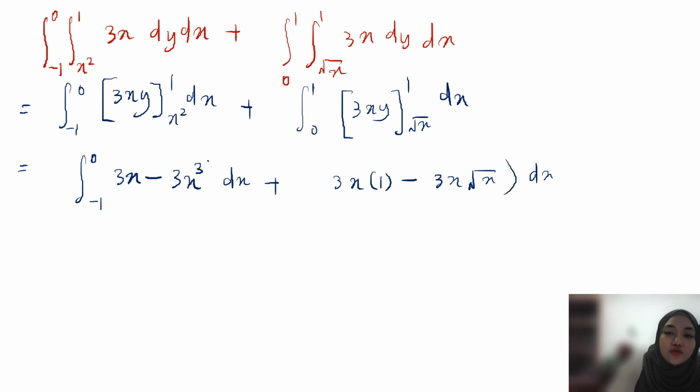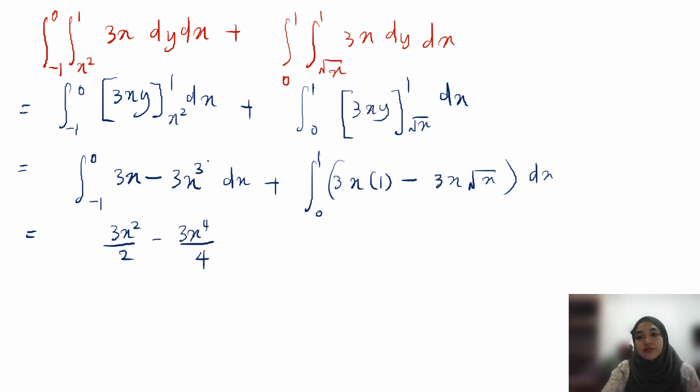You can rewrite this one if you don't know. Okay, so this one you can simply integrate with respect to x because this is very easy. 3x squared over 2 minus 3x to the power of 4 divided by 4. Okay, and then you just put negative 1 until 0, and then you substitute.